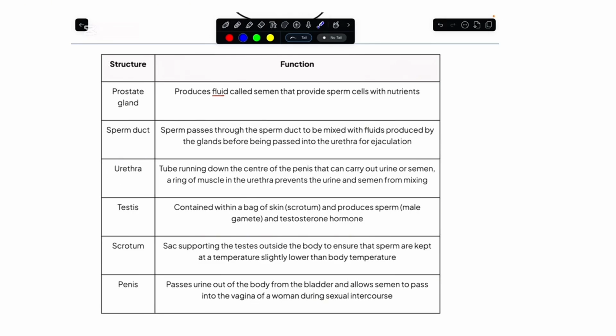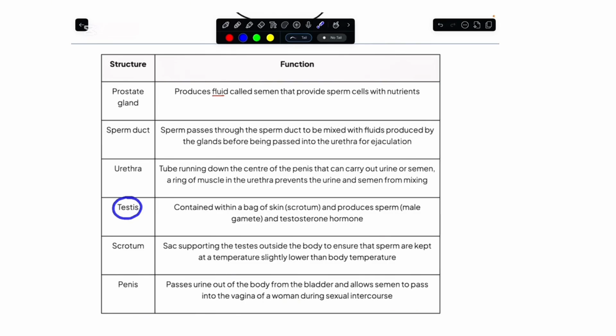The urethra is a tube present at the center of the penis. Not only does it carry the semen, but also the urine. So there is a chance that during ejaculation the semen can mix up with the urine, but we have a ring of muscles in the urethra that does not allow the urine to be released at the same time when the semen is being ejaculated out of the male reproductive system.